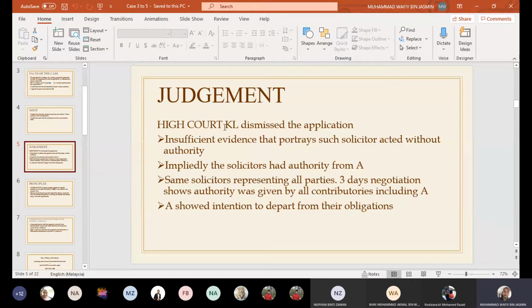But they did not ask. They only managed to oppose the petition after the consent order was made, but yet to be enforced.